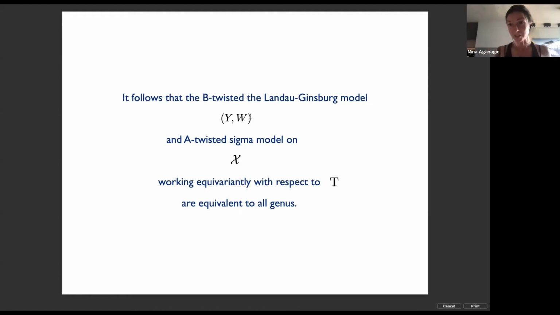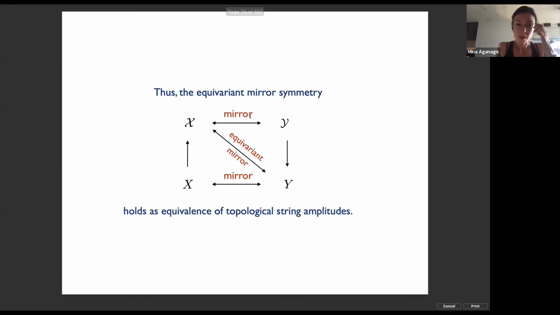So even though the dimensions are different, the closed topological string amplitudes are the same. So equivariant mirror symmetry holds at the level of equivalence of topological string amplitudes. I didn't explain what it means at the level of homological mirror symmetry, and we'll understand this in due course.